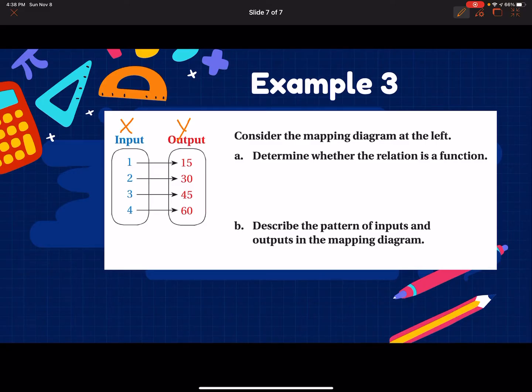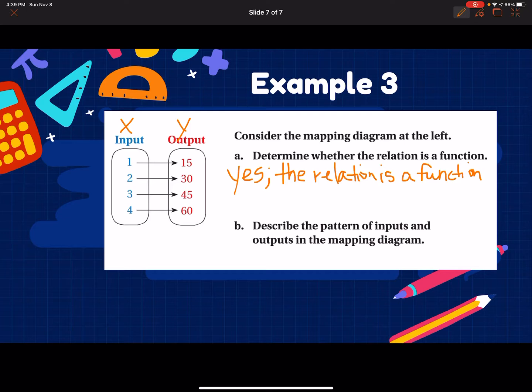So for part A, where it says determine whether the relation is a function, yes, the relation is a function. And again, if we're asked to explain, we would just say each input or each x value has exactly one output or y value.